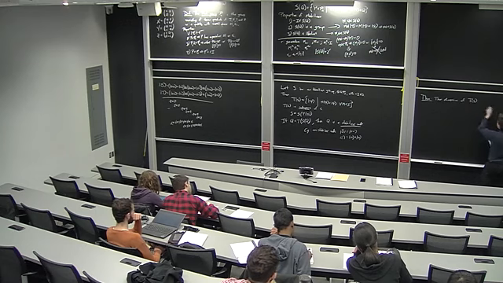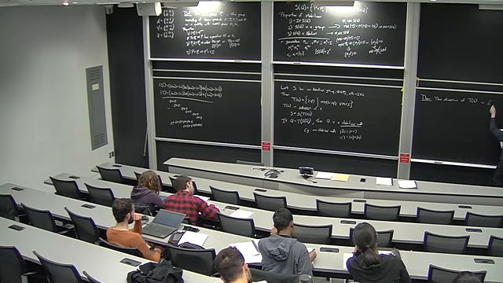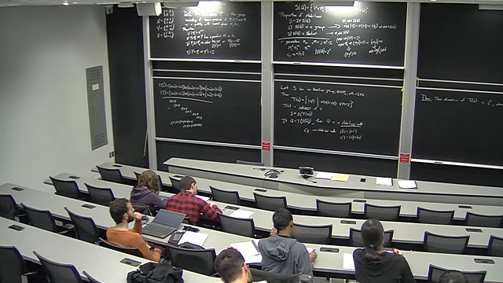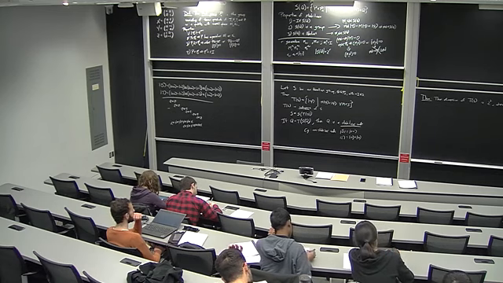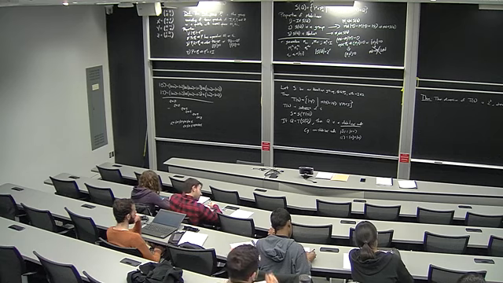The dimension of the code space is going to be some power of 2, 2 to the k, where k is n minus r, with r generators for S. So we started with a Hilbert space of dimension 2 to the n, and every time we pick a generator, we're dividing it in half.